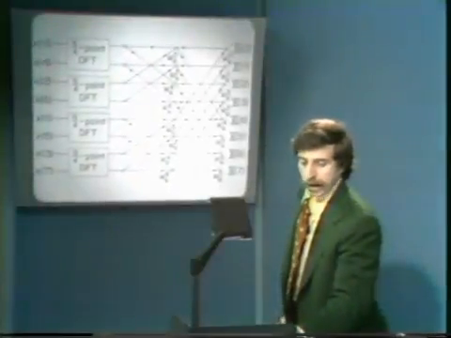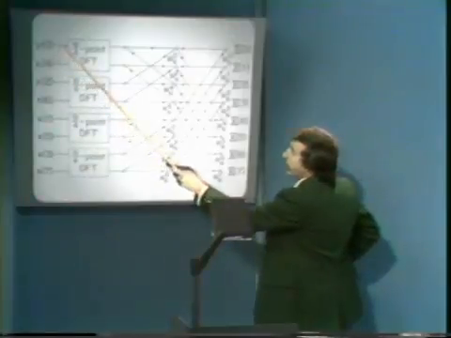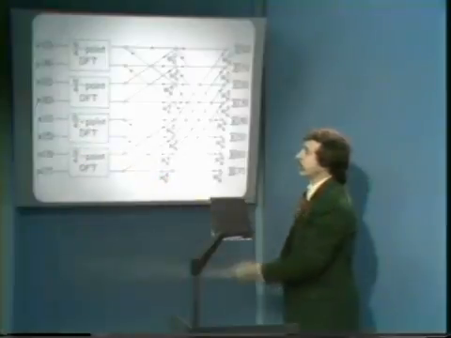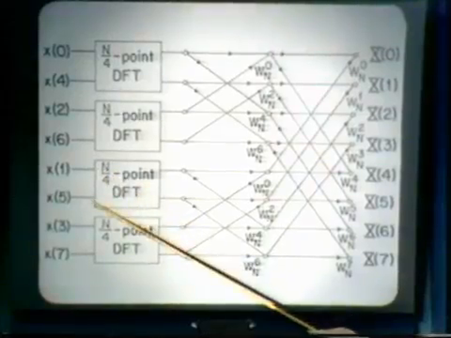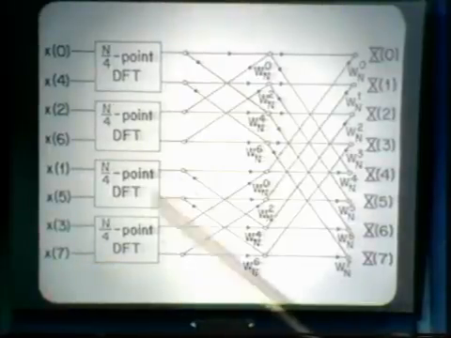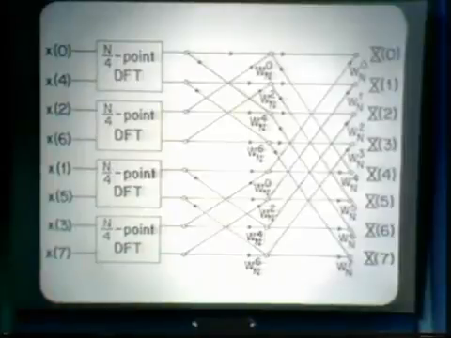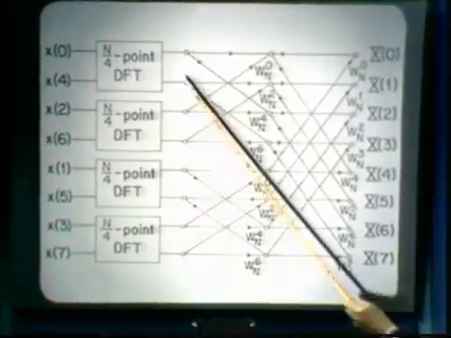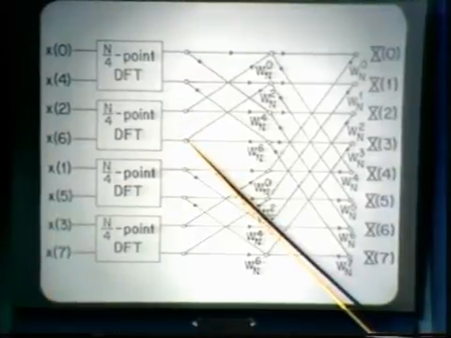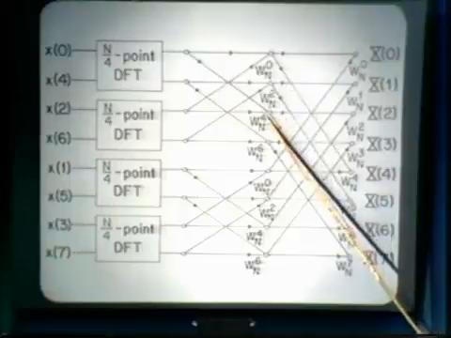is, as I've indicated here, we have the even-numbered of the even-numbered points and the odd-numbered of the even-numbered points. We have the even-numbered of the odd-numbered points and the odd-numbered of the odd-numbered points. Those are each going into n/4 point DFTs. Here is the sequence g of k.